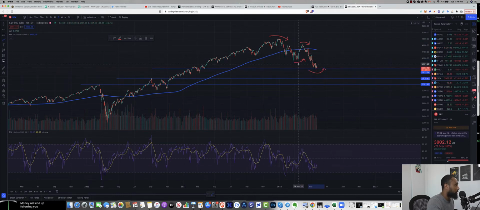So we could see a bear trap if we break above the 200-day and hold it. But we can also potentially just reject off this 200-day moving average and get rejected, right?